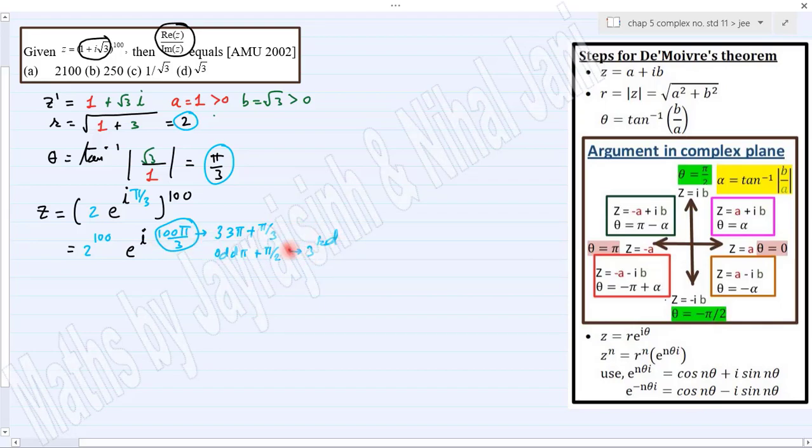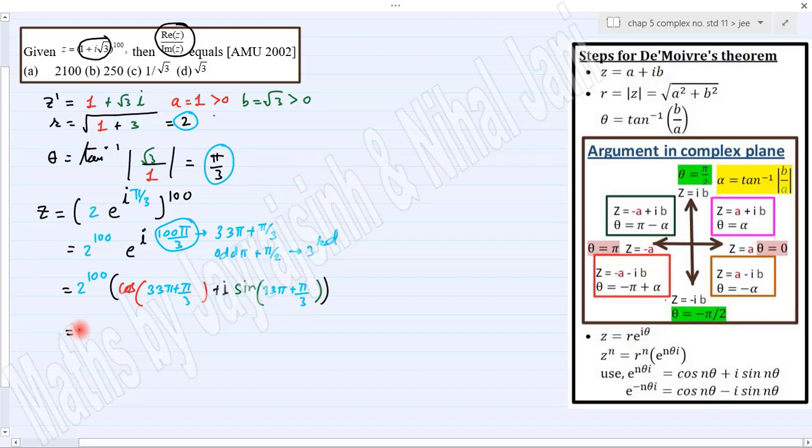So your sine as well as cos will be negative. Now, to get the final answer, let's convert it to the polar form. e raised to i angle can be rewritten as cos of angle, which is 33 pi plus pi by 3, plus i times sine of angle.